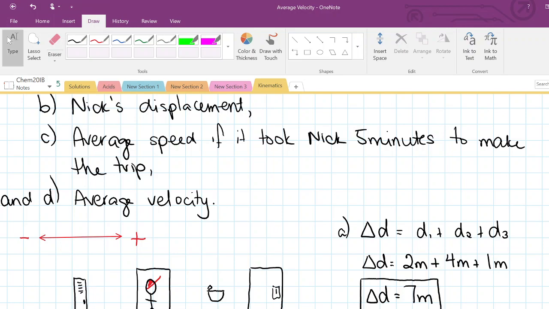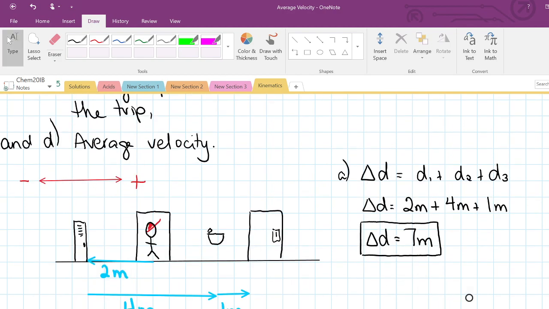The second question, part B, is asking, well, we know his distance, but what is his displacement? So now we want to look at this with respect to his displacement from that starting point. Here, our total displacement is displacement 1 plus displacement 2 plus displacement 3.